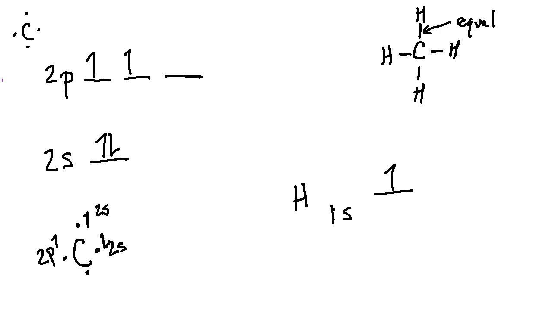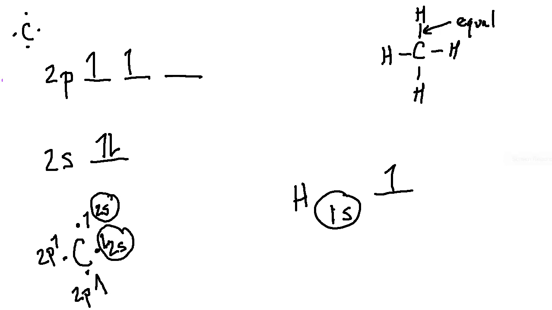So here's one, and here's another. If this is the case, I'm going to have an s orbital from hydrogen overlapping with an s orbital from carbon. Then I'm going to have another hydrogen with an s orbital overlapping with another s orbital from carbon.